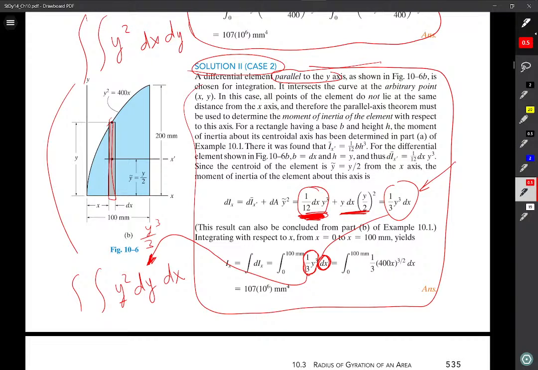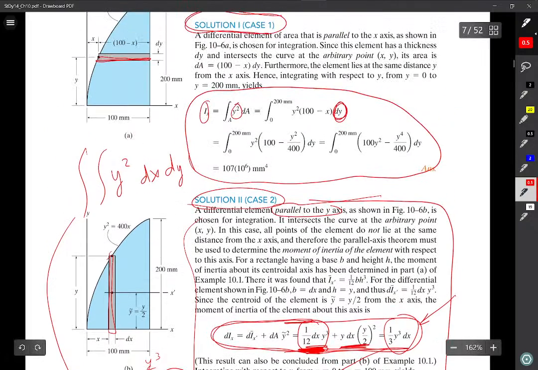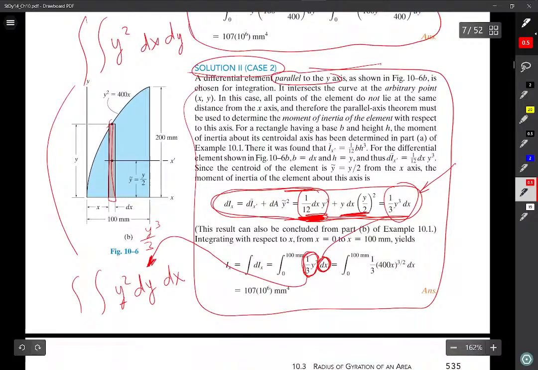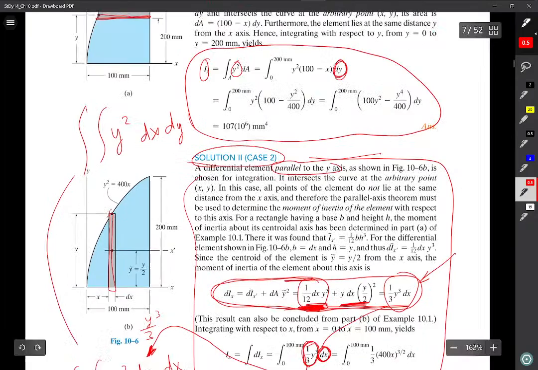And in fact, that's what you get here. But this is a different method that essentially uses the parallel axis theorem. So up to you which one you want to do. Out here, I don't know. It's completely up to you.